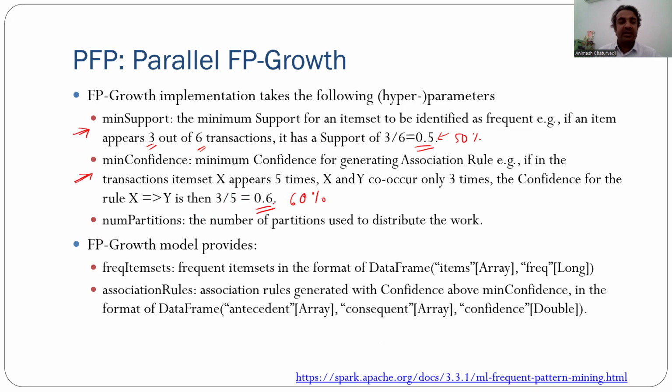If we have an 8-core machine, then we put in the number of partitions that we want. As a result, it will generate frequent items and association rules. Frequent items are basically items in an array, and then the frequency result. Thereafter, association rules are there, with antecedent and consequent arranged along with the confidence.